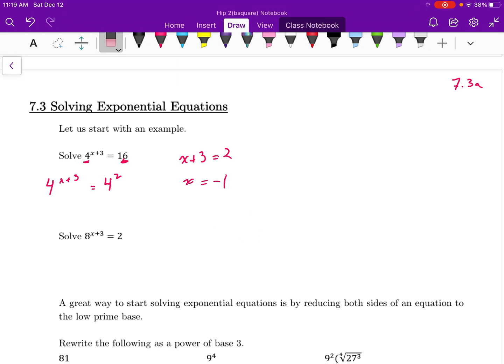Now, let me do it another way. I'm going to be reducing it to the lowest prime base. The lowest prime base of 4 and 16 is 2. So really, this is 4 to the power of x plus 3 is equal to 16.